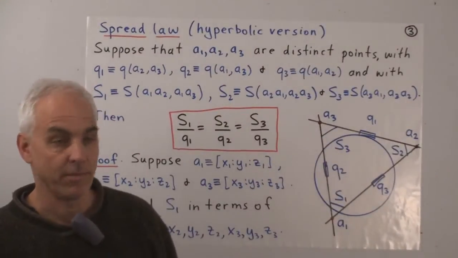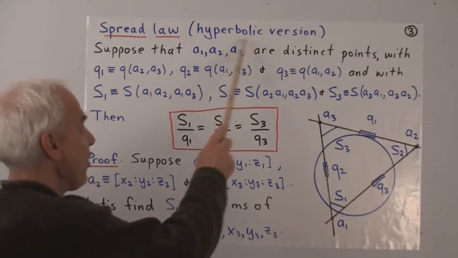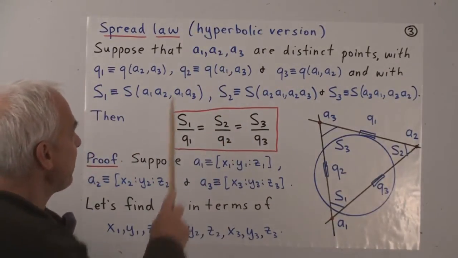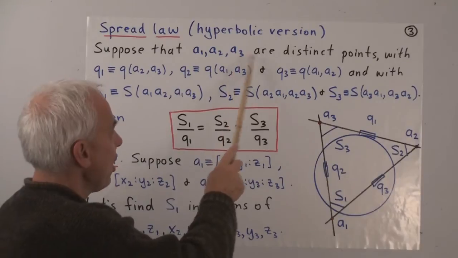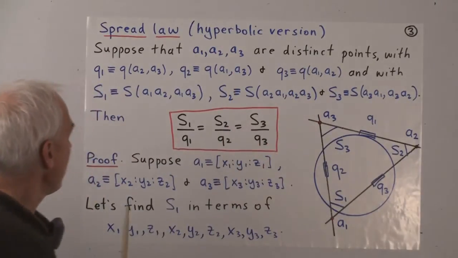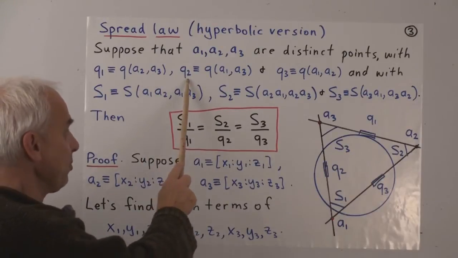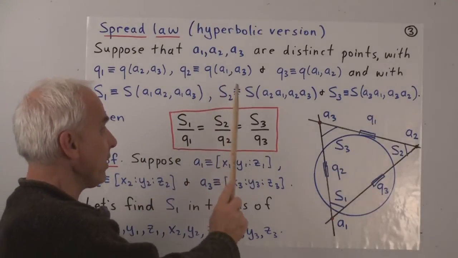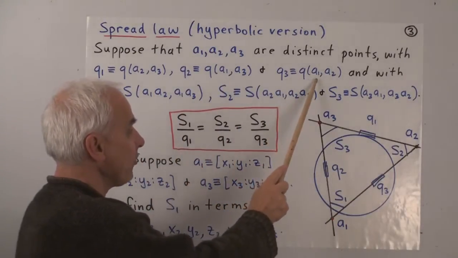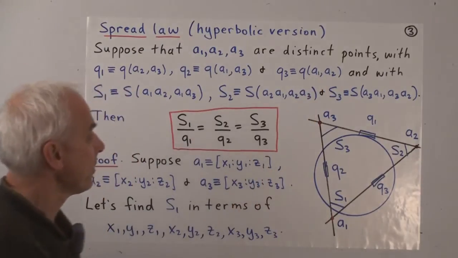So here's our spread law, the hyperbolic version. Suppose that A1, A2, and A3 are distinct points, with Q1 being the quadrance between A2 and A3, Q2 being the quadrance between A1 and A3, and Q3 being the quadrance between A1 and A2.